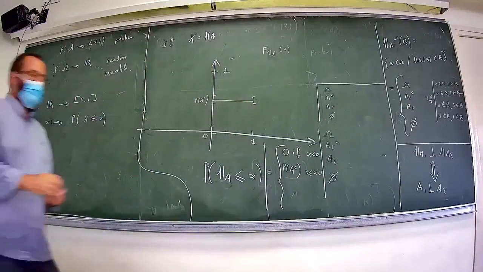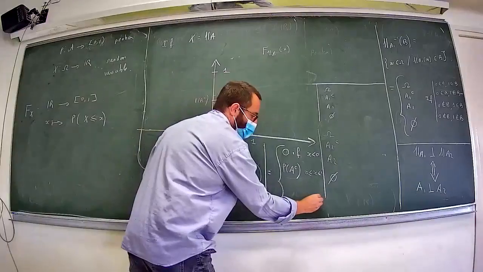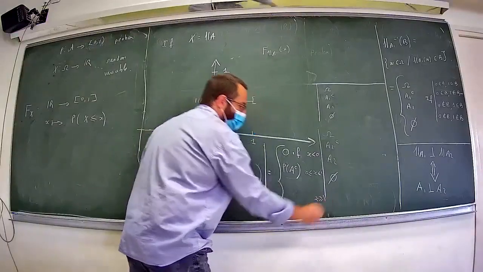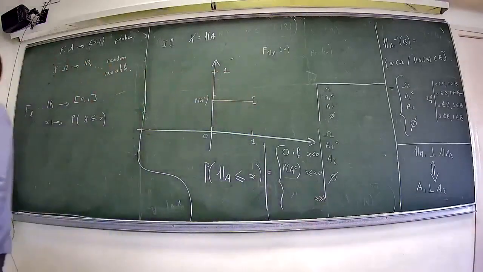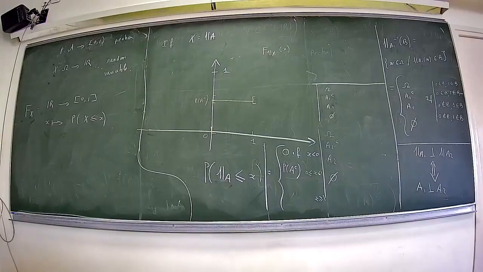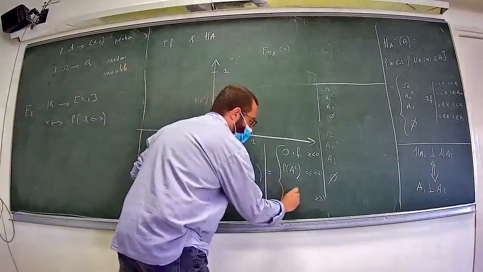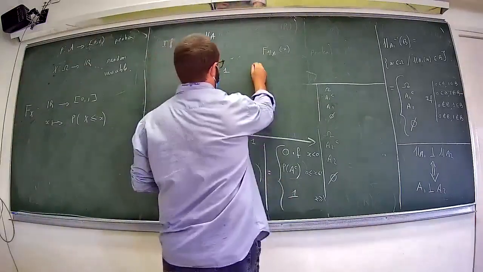The last case: if x is greater than or equal to 1, what happens? The indicator function is always less than x because it takes values in 0 or 1. And so what is my probability? It is 1.